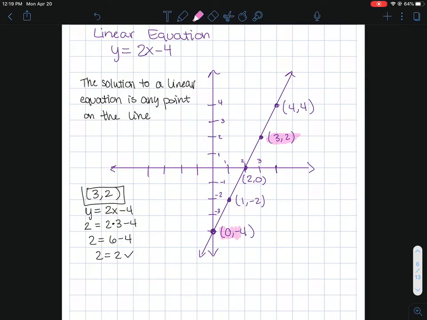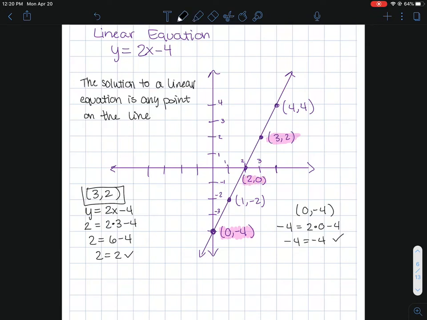Okay, well maybe we got lucky. Let's try another point. 0, negative 4. Negative 4 should equal 2 times 0 minus 4. Negative 4 equals negative 4. Okay, well that's also true. Let's try a different point.